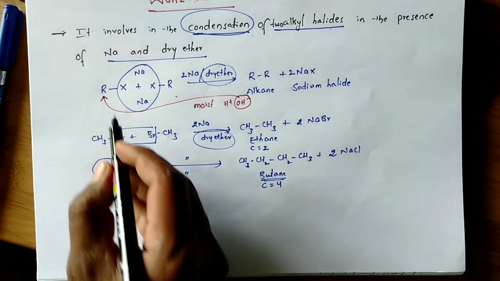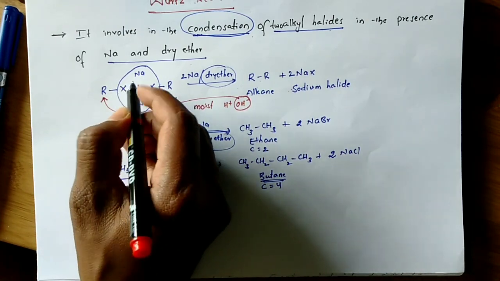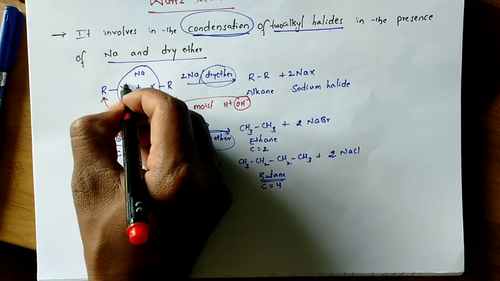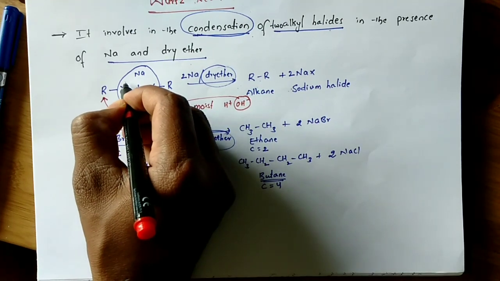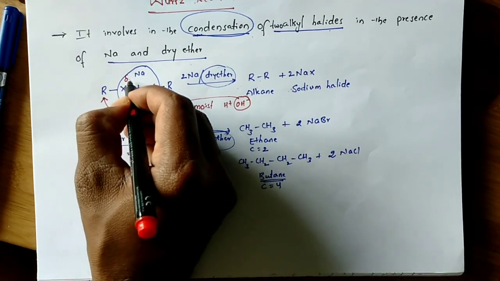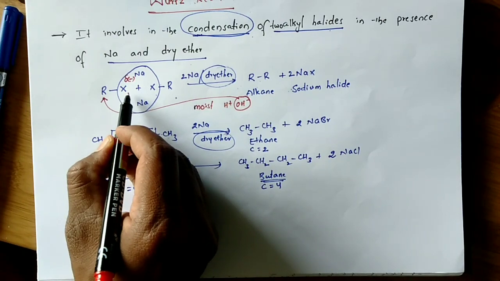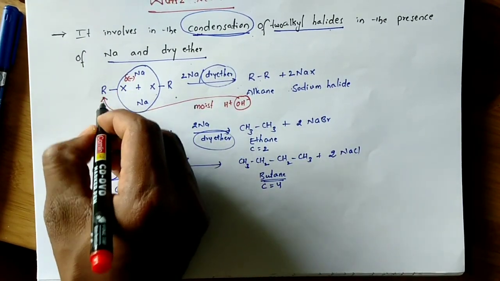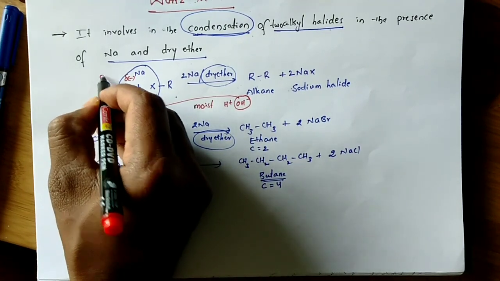Why? Because this alkyl halide is slightly polarized. There is an electronegativity difference. As this halogen atom is more electronegative, the halogen atom will get a partial negative charge and the carbon in the alkyl group will get a partial positive charge.